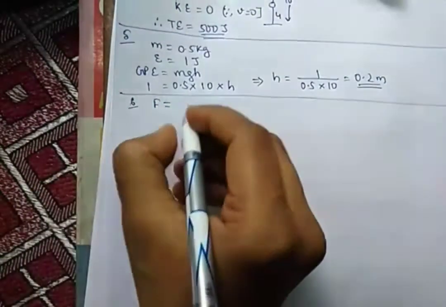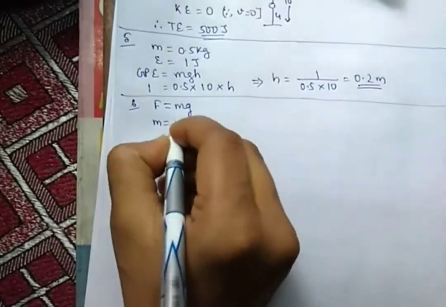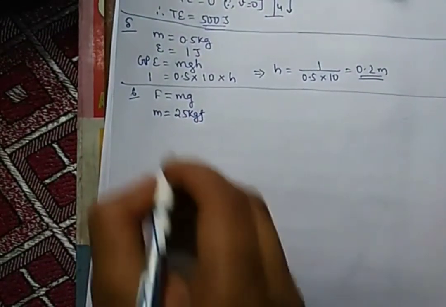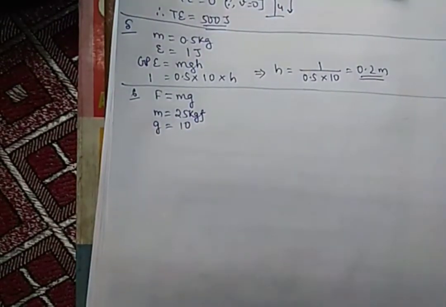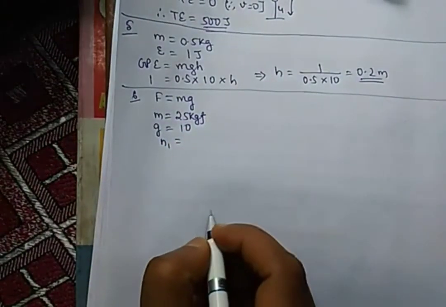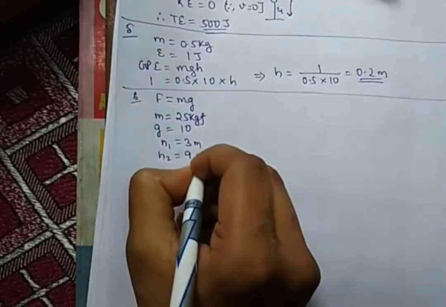F, that is mg. Okay, so mass is given as 25 kgf. Okay, g you have to take 10, that is given. Okay, h1 is given as 3 and h2 is given as 9 meter.